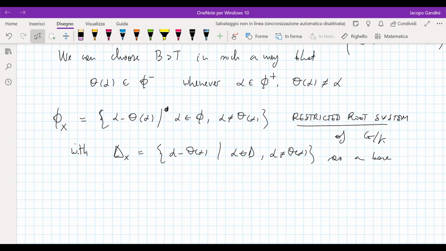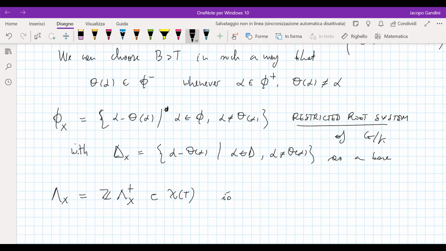Okay, some nice properties also in this case. First of all, let's define lambda_X as the lattice generated by the spherical weights we were playing with before. It is always a set of characters.